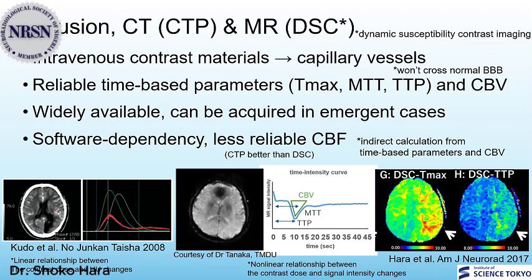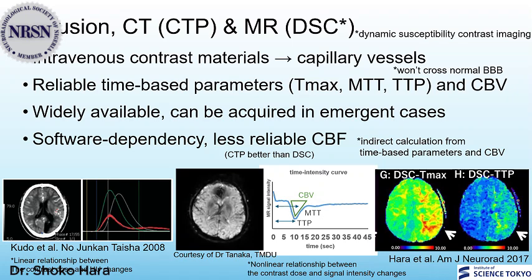Cerebral blood volume, the volume of capillary vessels, is also theoretically reliable in both CT perfusion and DSC. However, because these contrast agents pass only through the capillaries and do not enter normal brain parenchyma, direct measurement of CBF, defined as blood flow within the parenchyma, is not possible, unlike PET or SPECT.